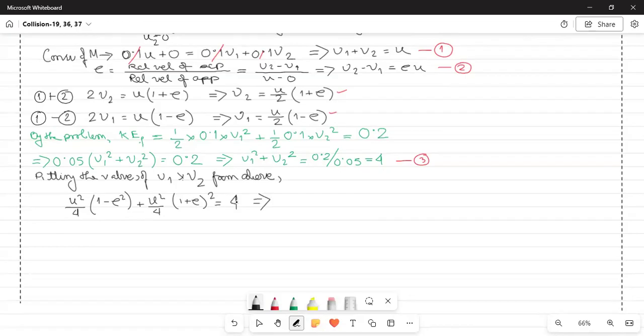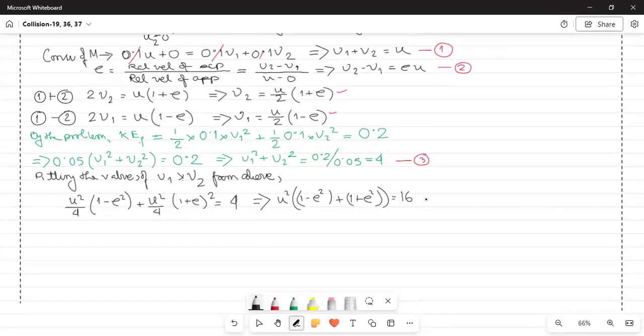When it is multiplied by 4, it gets 16. So we get u square into 1 minus e square plus 1 plus e square equal to 16.